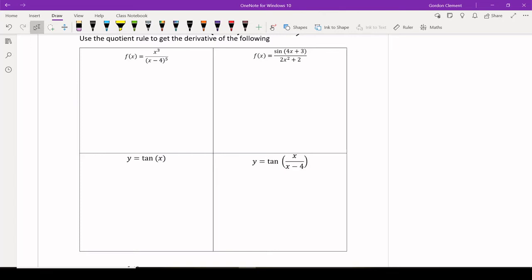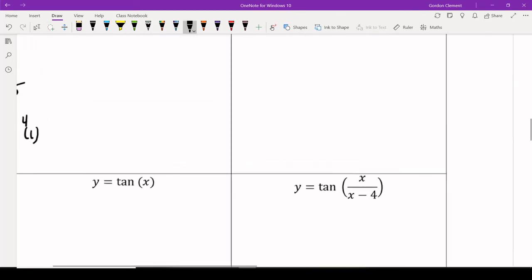So here we go. This first function, f is the top, x cubed, f prime is that, g is the bottom, g prime, you need the chain rule, and the derivative of what's inside is just 1.